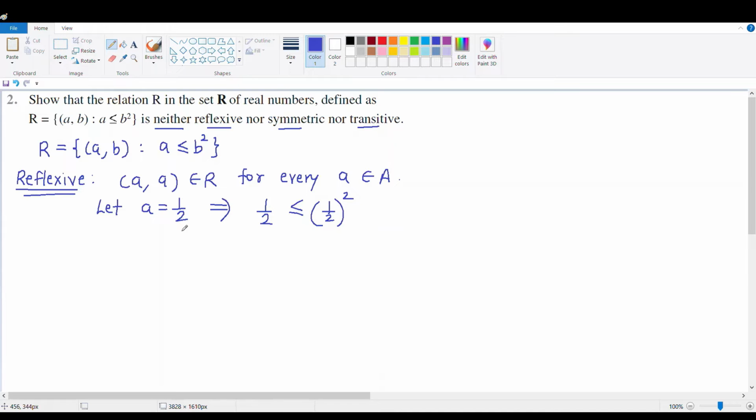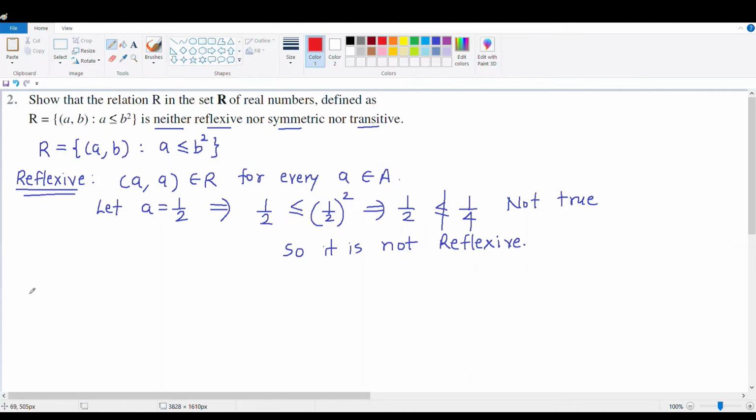Our a is 1 over 2, and this a is also 1 over 2. So from this relation, 1 over 2 must be less than or equal to 1 over 2 square. That means we are saying 1 over 2 is less than or equal to 1 over 4. No, 1 over 2 is greater than 1 over 4. So this is not true, and since it is not true, it is not reflexive.